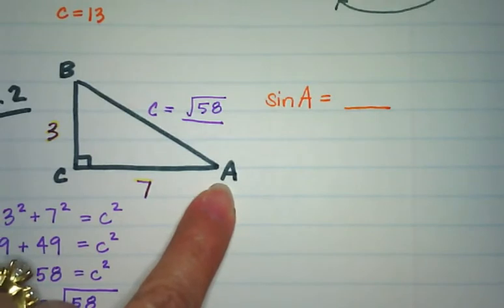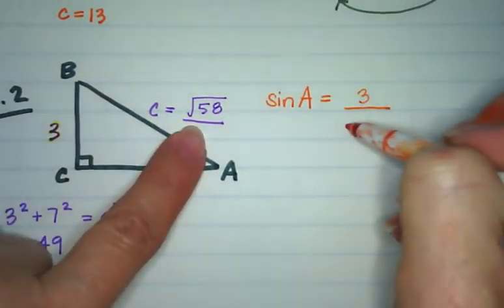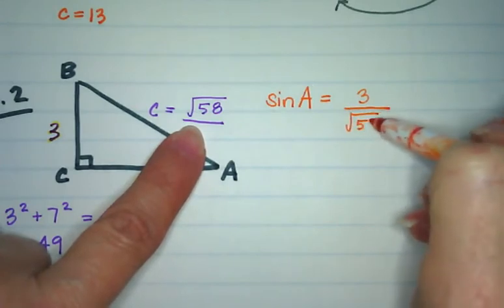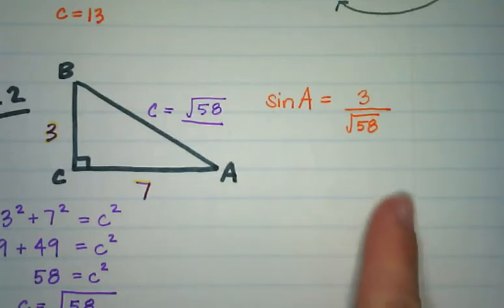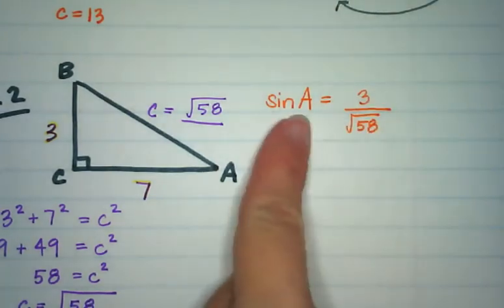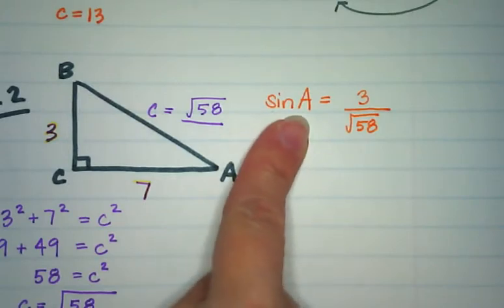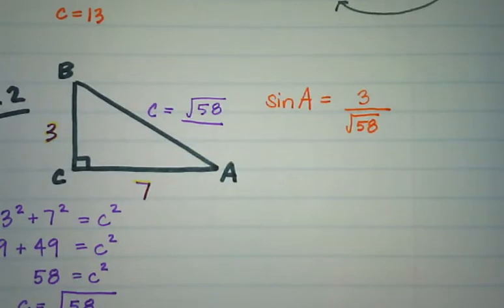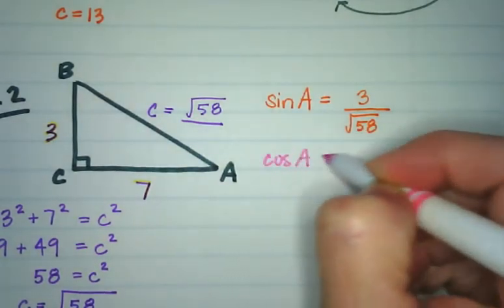So the sine would be 3 over the square root of 58. Now, if we were doing any other problem, we would not leave a square root in the denominator, but at this point, we would just go to the calculator, type this information in, and the calculator will tell us the measurement for angle A.